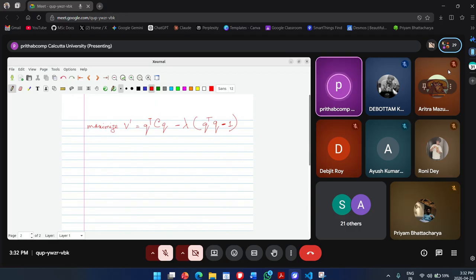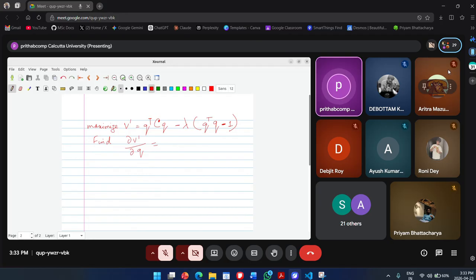There is a lot more theory to understand what a Lagrangian multiplier is, but we are not going into those details. Next we apply finding the derivative and equating to 0. So we find del V dashed by del Q. C is a constant, but Q transpose Q is essentially Q square.